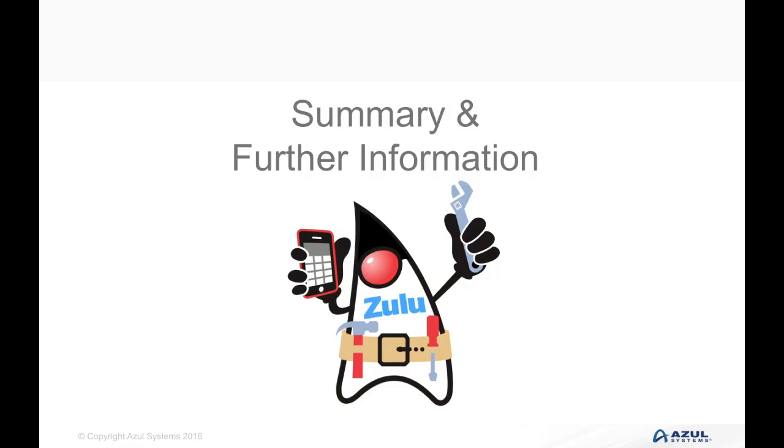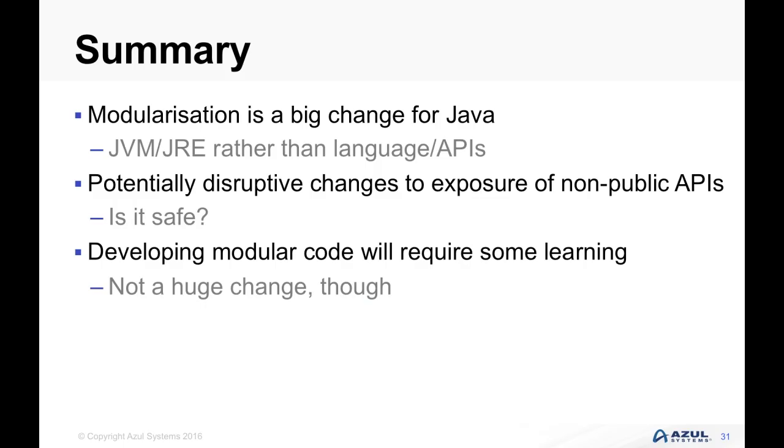So just to summarize, modularization is a big change for Java. There are some things that, as developers, you will need to know about. You might need to make changes to your code, or to how your code is organized, in order to have it work correctly.